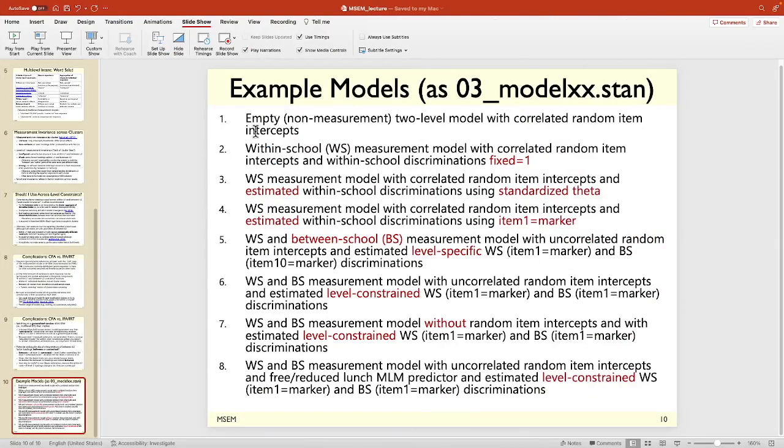Now remember, our goal in this analysis is to eventually create a school-level version of ability of math, and then to predict that school-level ability of math with a school-level free and reduced lunch. Technically, we're also going to predict a student-level ability of math with the student-level free and reduced lunch. So this is analogous to what we wanted at the end of yesterday, where we described some 80% of variance in school ability based on free and reduced lunch.